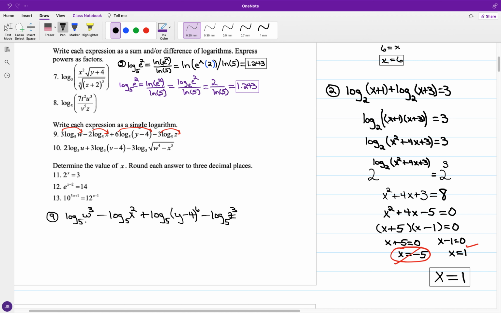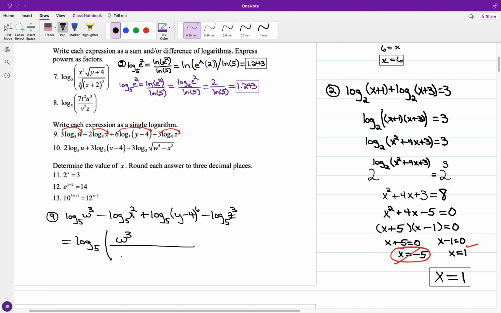Looking at putting together a consolidated base 5 logarithmic term: w to the third comes from a positive base 5 logarithm, so that goes to the top.